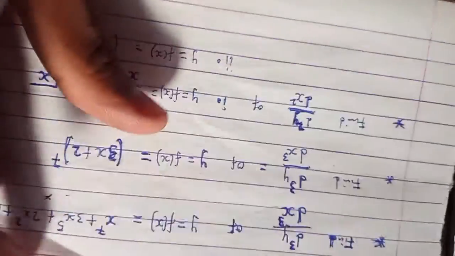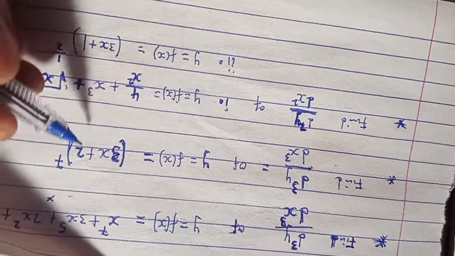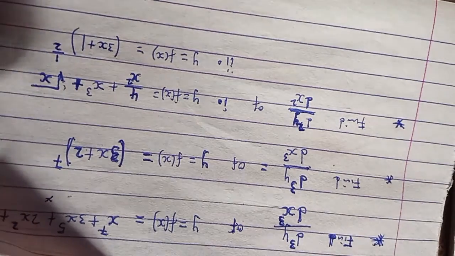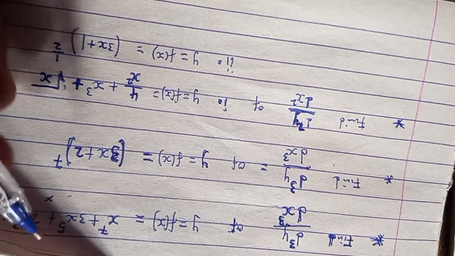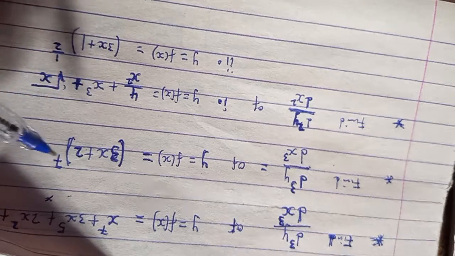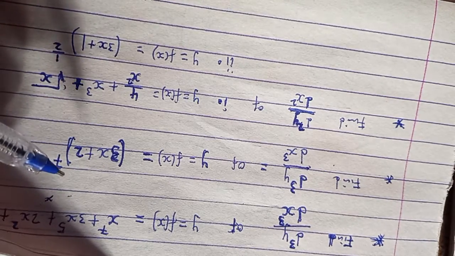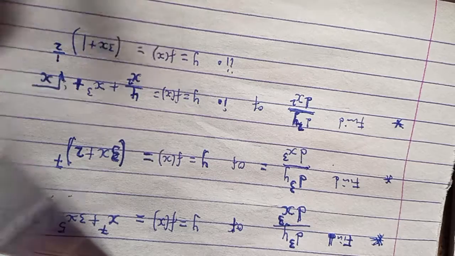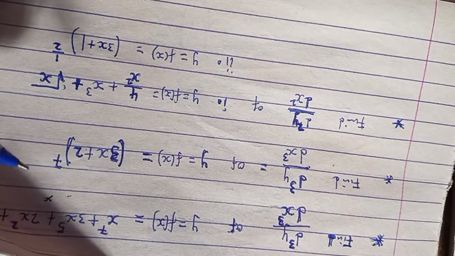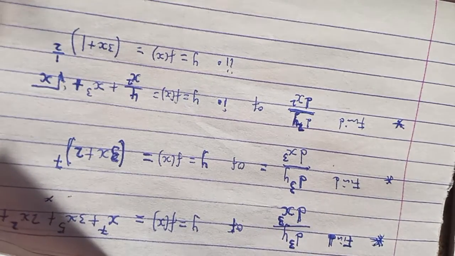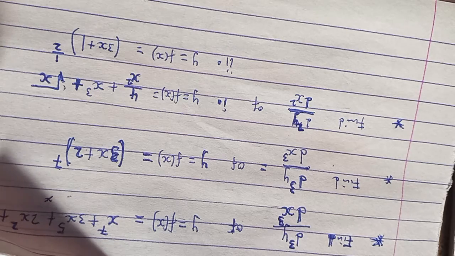So I have with me another one here. This question needs us to differentiate to find the third derivative, and it needs the chain rule to do so. So I assume that you know the chain rule now.